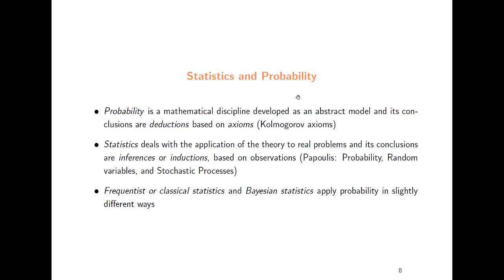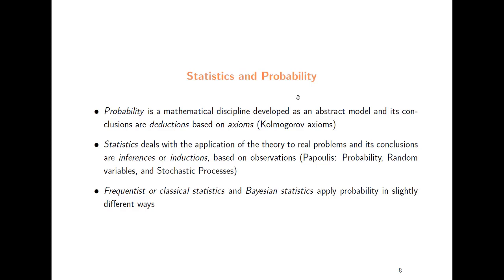So again, the difference between statistics and probability. Probability is a mathematical discipline developed as an abstract model, and its conclusions are deductions based on axioms. So you have axioms and you derive theorems, in particular Kolmogorov's axioms.